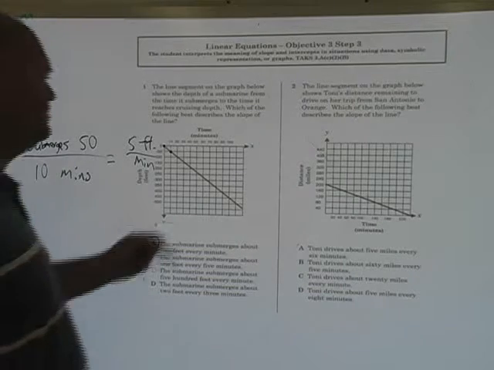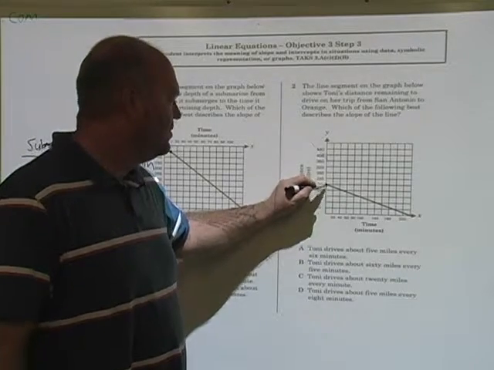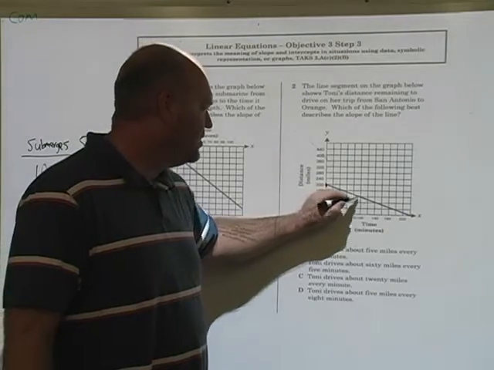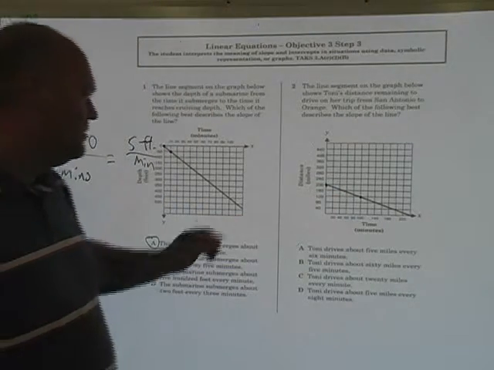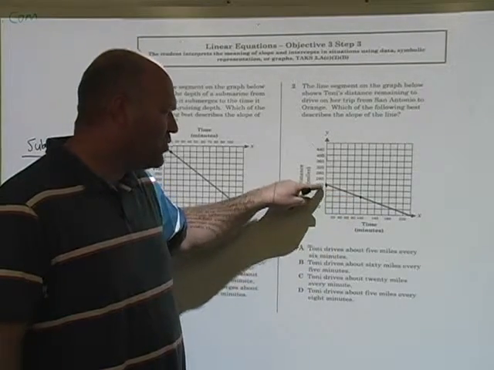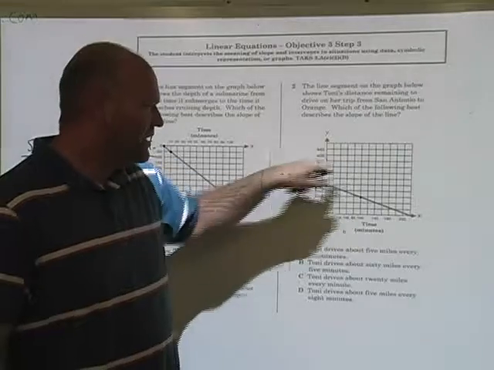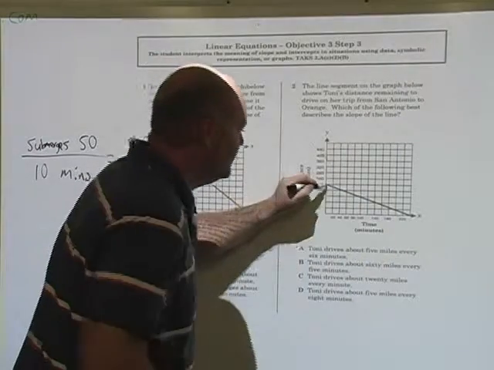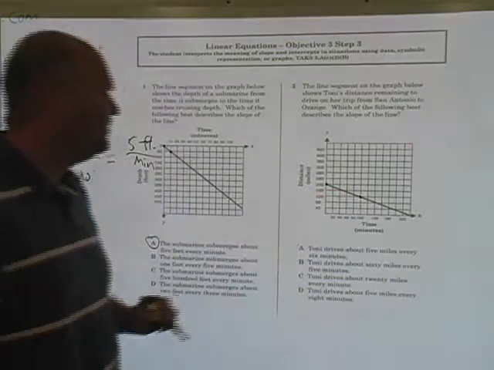Number 2. Well, it looks like it's going, we'll pick that point right there. You always want to try to find the points that meet right at the intersections of these horizontal and vertical lines. And it looks like this is one, and the next one is right here.